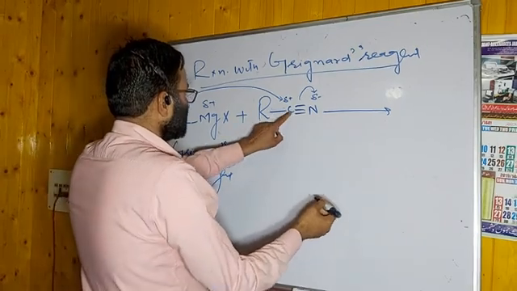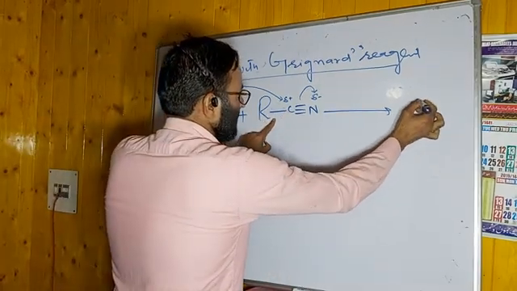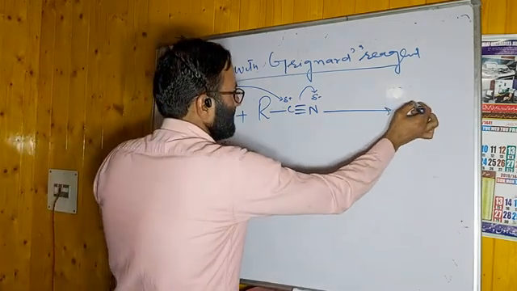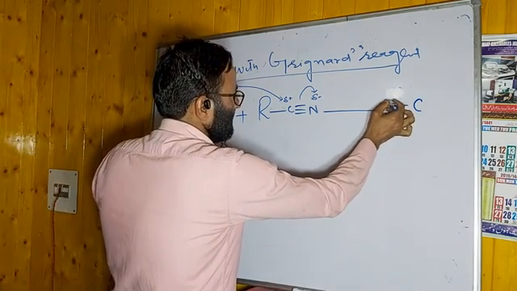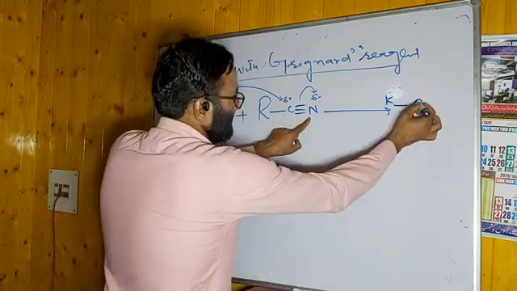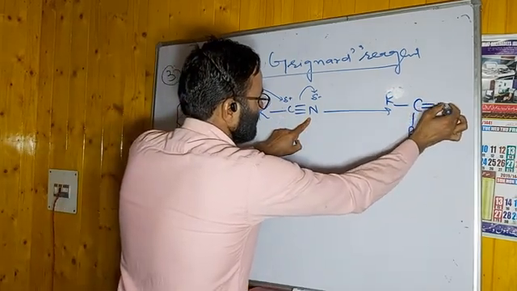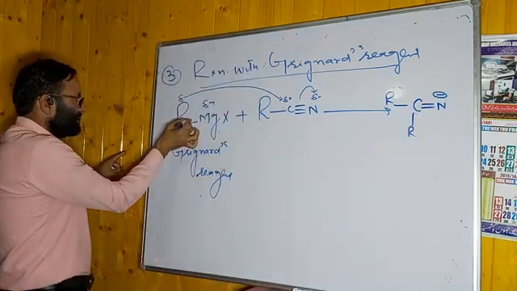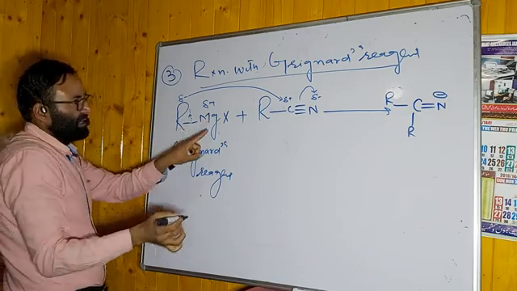What will happen now? This carbon will now be attached with 2 R groups. Then it is attached with double bond N. यहाँ पे full minus आएगा, और जब ये shift यहाँ से होगा, यहाँ पे MgX plus आएगा.